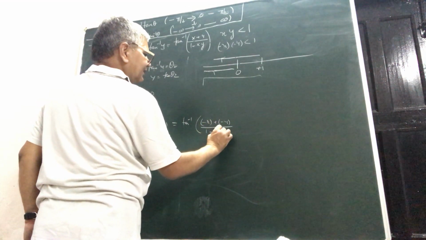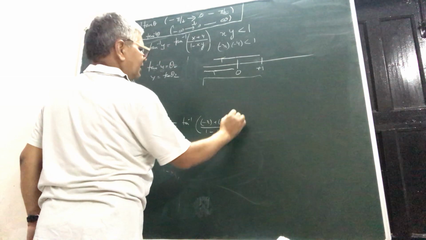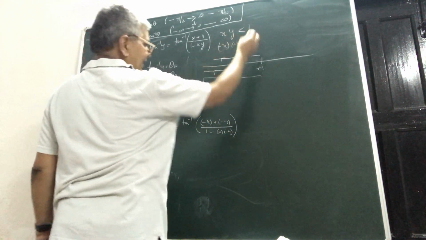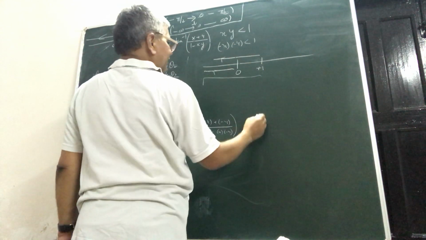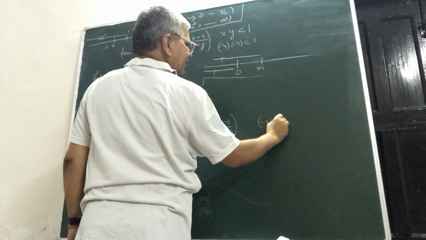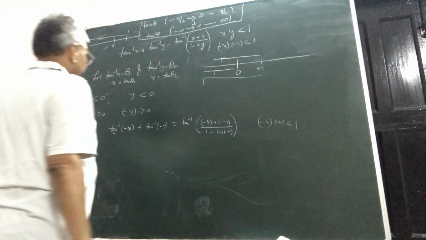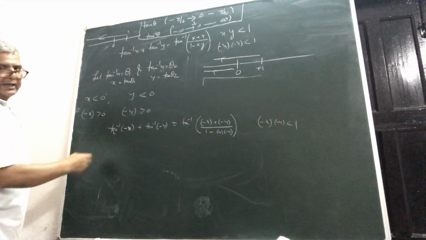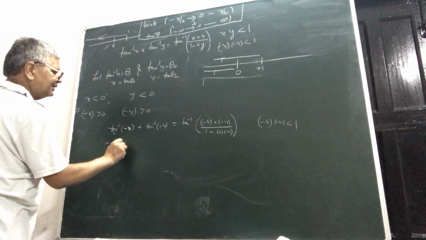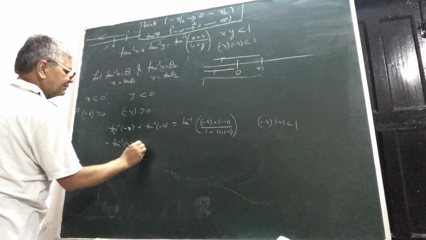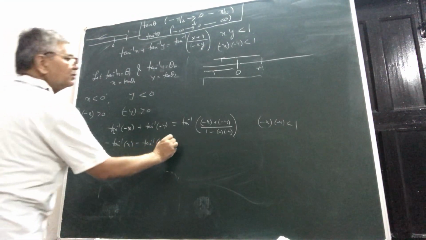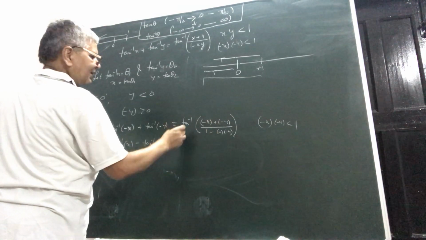1 minus xy. And here xy is less than 1. So whether you write xy less than 1 and minus x minus y is less than 1, what is it? You know the property, because tan inverse minus x is what? Minus tan inverse x. So this is minus tan inverse x plus minus tan inverse y is equal to... Here also you take the minus sign common and bring it here.